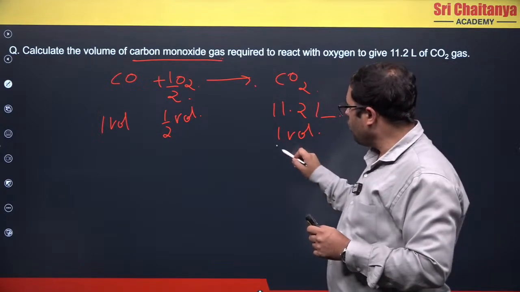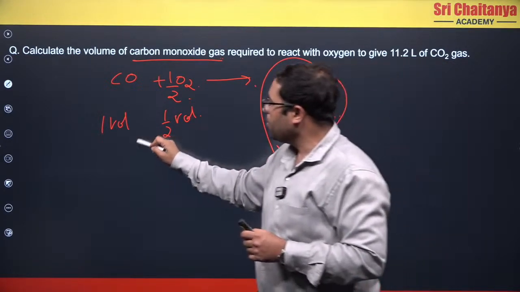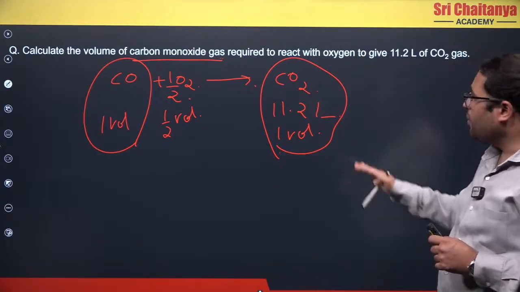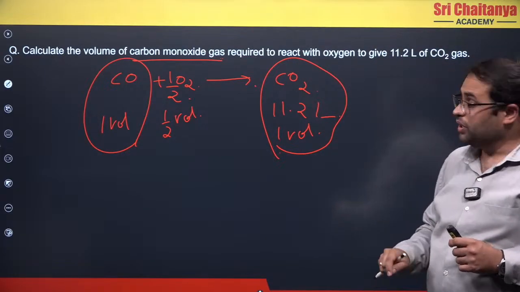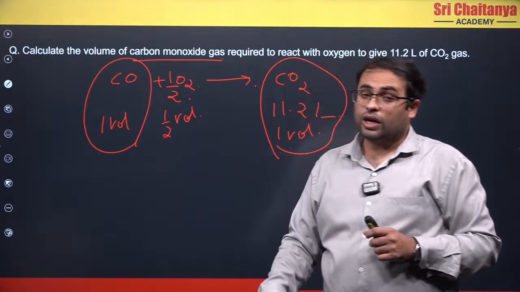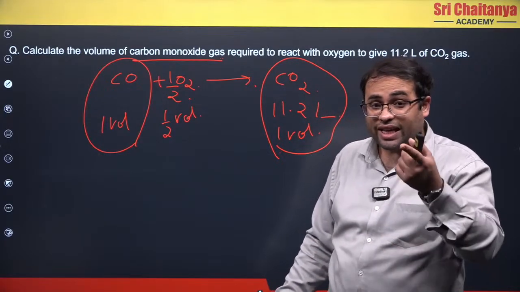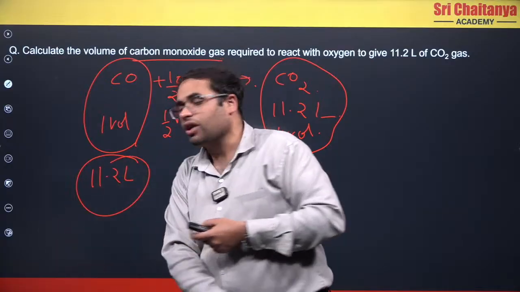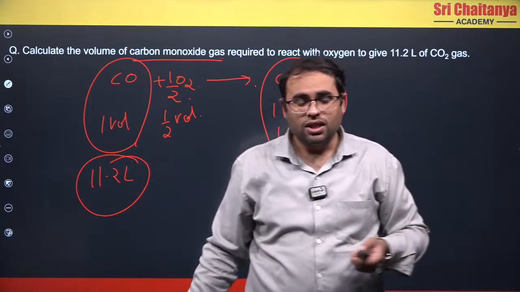So the volumes of carbon dioxide and carbon monoxide are the same. So if carbon dioxide is 11.2 liters, then carbon monoxide also will be how much? 11.2 liters, right? And that is your answer. Easy, right?